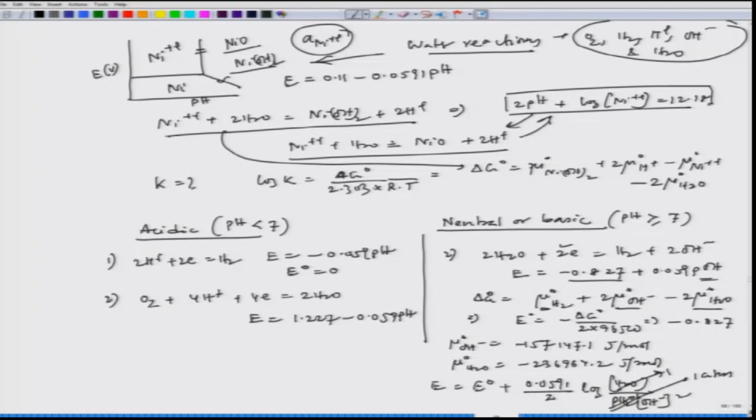This is 1, it is a pure substance, and so it becomes E equals E0 plus 0.0591 times minus log of OH minus, which is nothing but E0 plus 0.0591 pOH, where pOH equals minus log of OH minus ion.